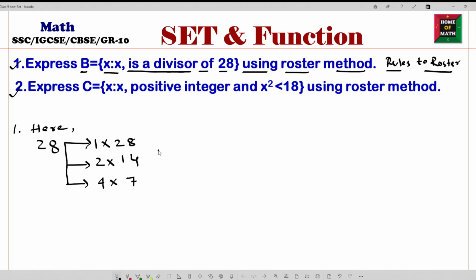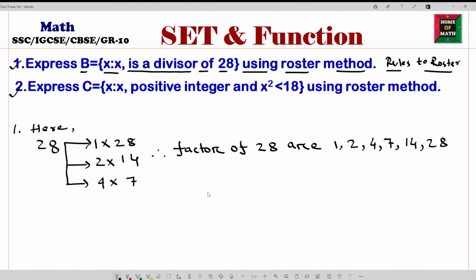So we can write like this: the factors of 28 are 1, 2, 4, 7, 14 and 28. Okay.